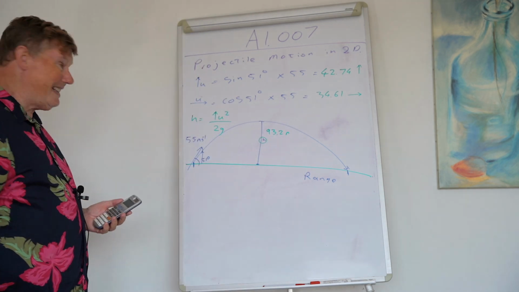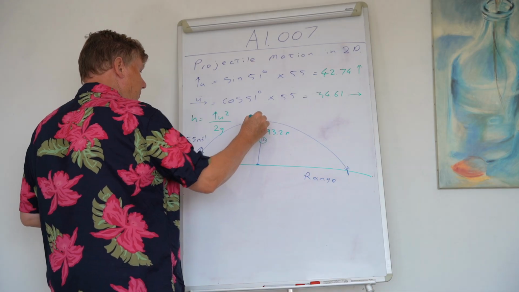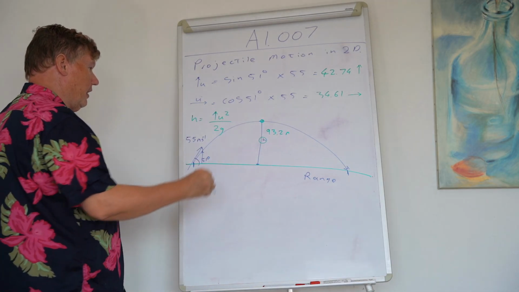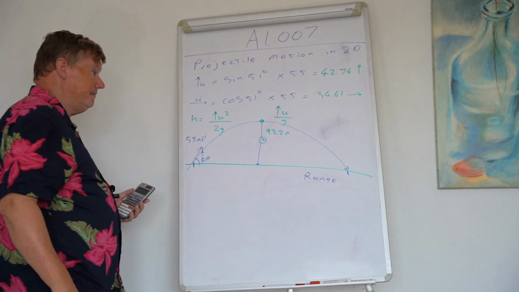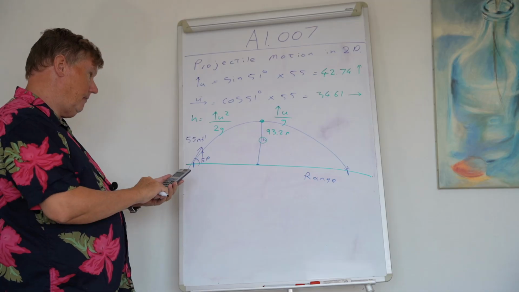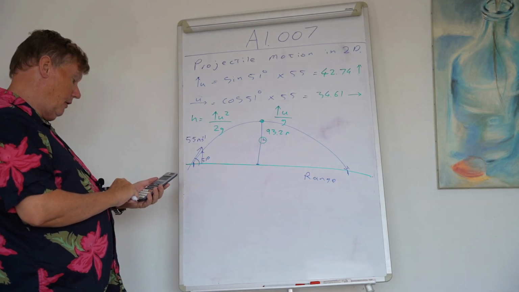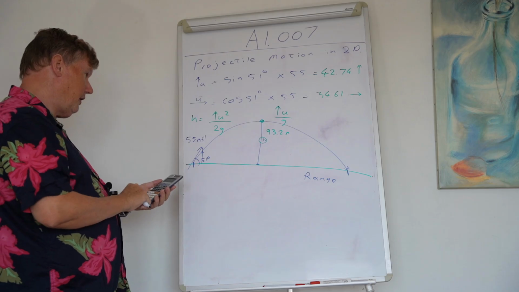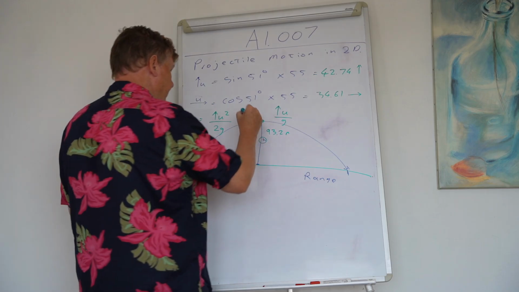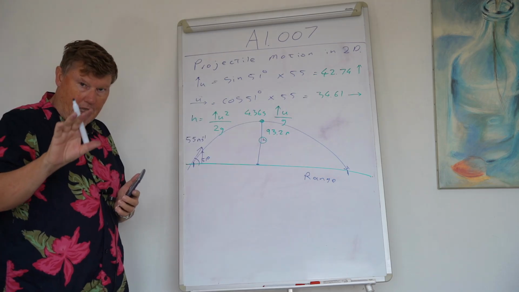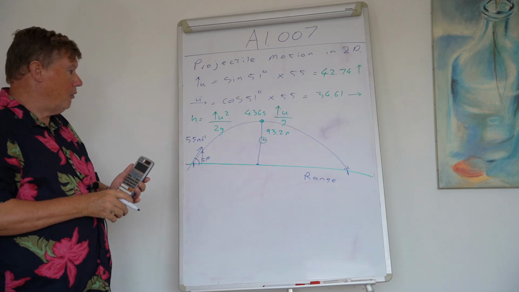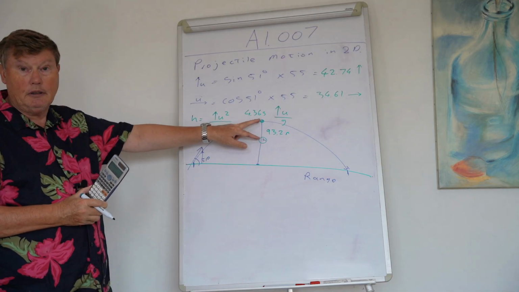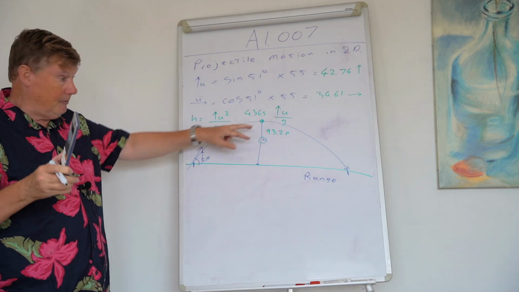How long will it take to get to that point? Well, we all know the answer to that. It's that. That's the time taken. And so that's 42.74 divided by 9.8. 4.36 seconds. Again, this is really important. If it takes 4.36 seconds to go up, it's going to take exactly the same to come back down.